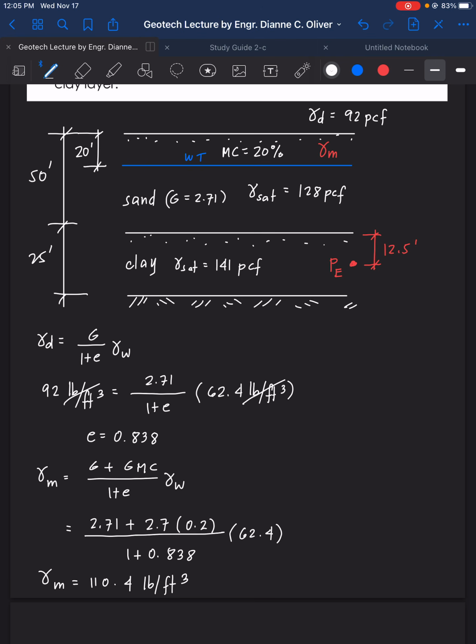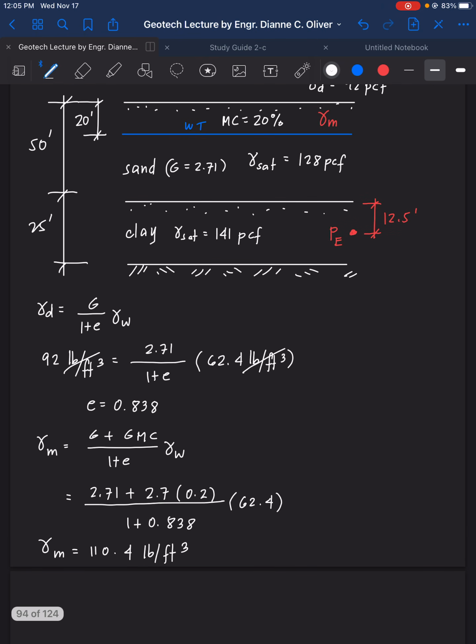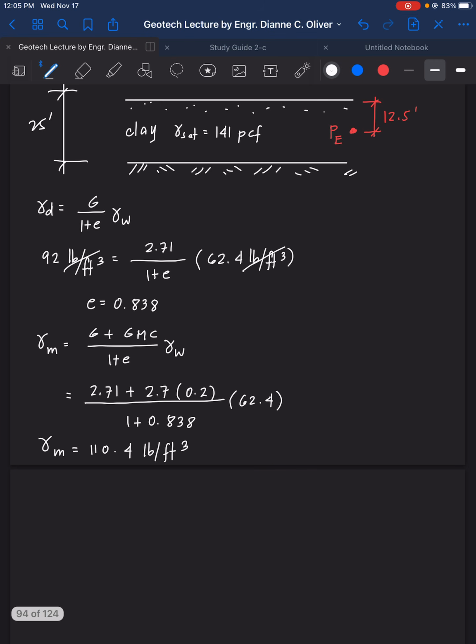Okay, so now we have the gamma moist. Next, let's solve for the P effective. So to find P effective, if you recall, P effective is equal to P total minus P water. So let's solve for the P total first.